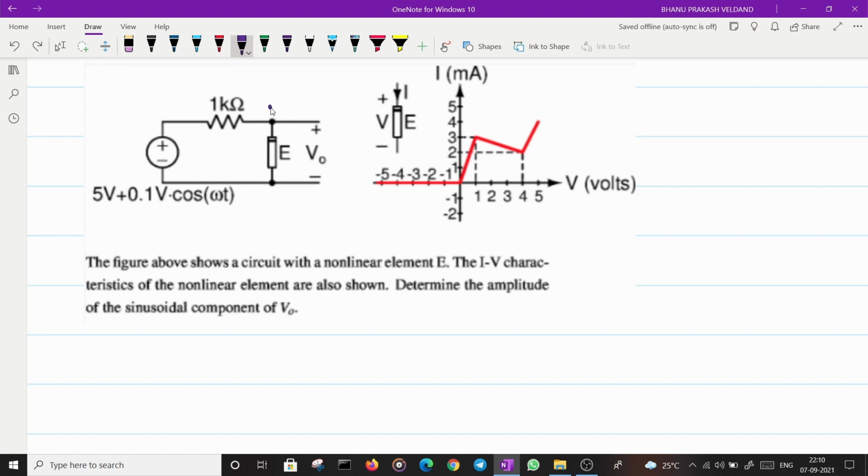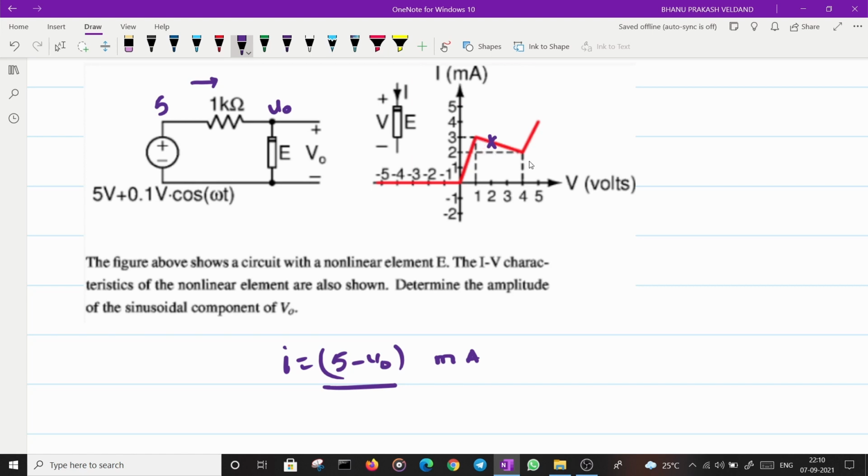So to solve it, this voltage is VO, this is phi, this current I is phi minus VO divided by 1 kilo ohm, so into 1 milliamp. If I'm plotting this phi minus VO, it's this. So my operating point is this. I just have to linearize it about this point.